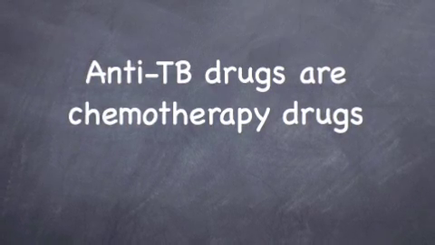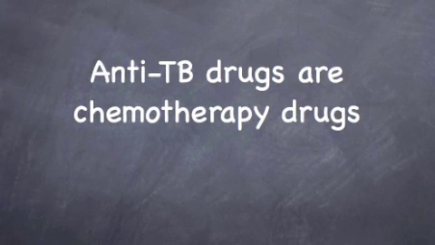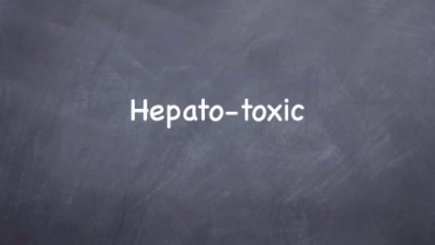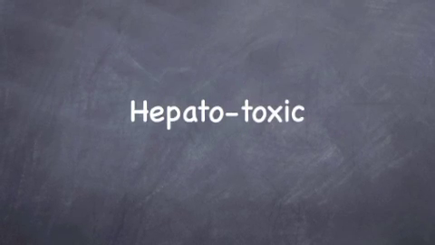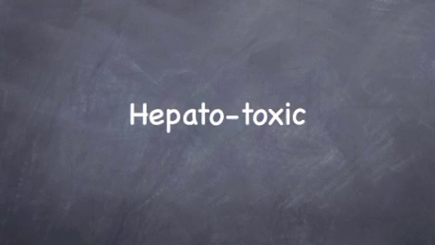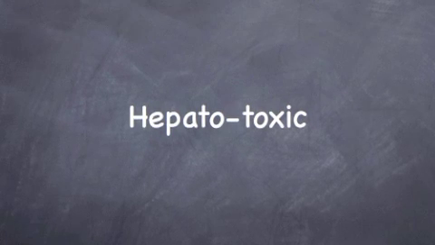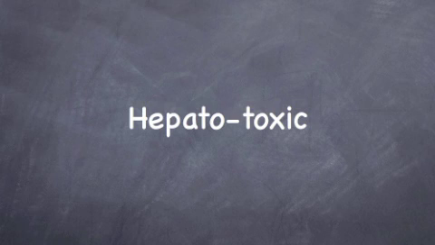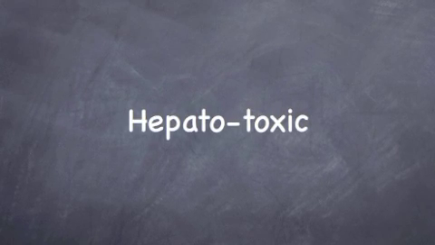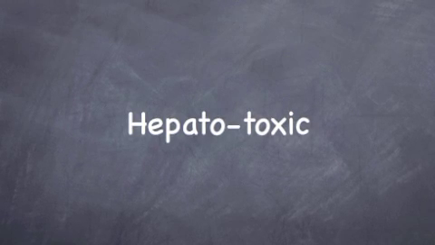So this is not the drugs that we would use for, for example, cancers, but it is still called chemotherapy, and they are all hepatotoxic. So when we are looking at assessment parameters, if we're going to look at the whole picture, then we're going to have to look at those indicators that would tell us whether the liver is involved or not. So remember that these are the drugs that you need to look at. Those are the evaluation procedures that you need to employ when we're looking at these types of patients.